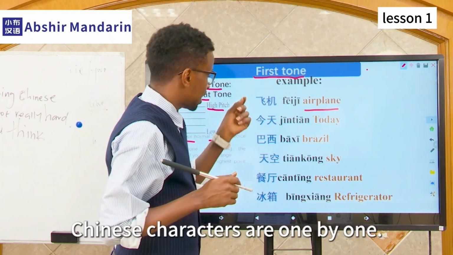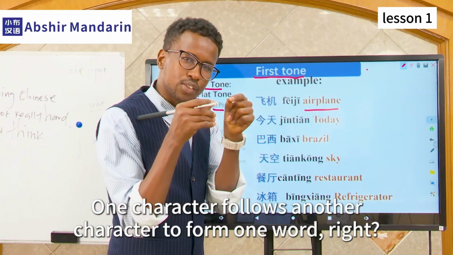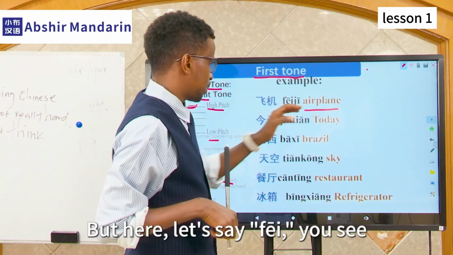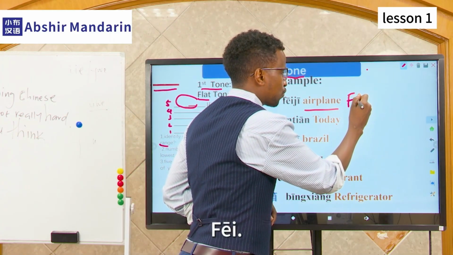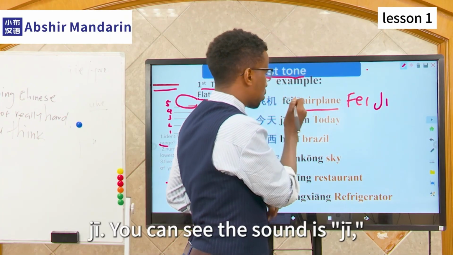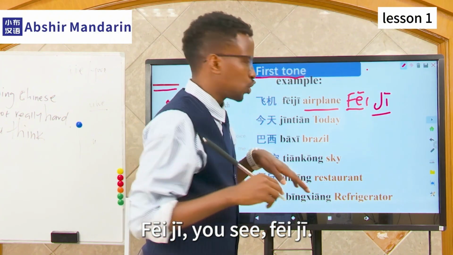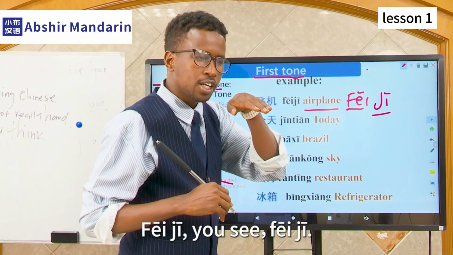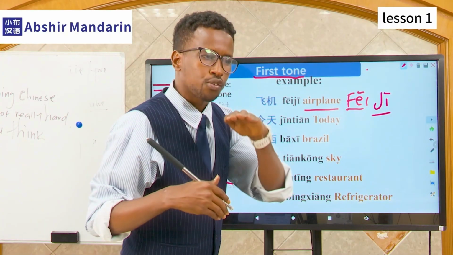Chinese characters go one by one, character to character, to form one word, right? But here let's say fei, you see, fei ji. You can see the sound is fei ji. Read after me.